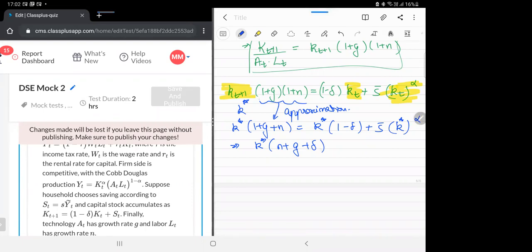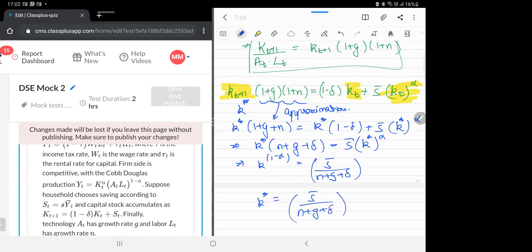So n + g + δ must be equal to s̄ k*^α. This implies k*^(1−α) must be equal to s̄/(n + g + δ). So k* must be equal to (s̄/(n + g + δ)) to the power 1/(1 − α).